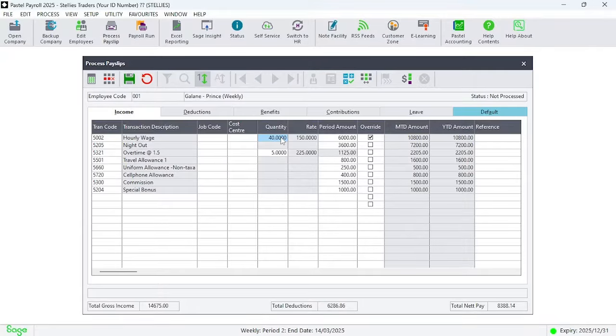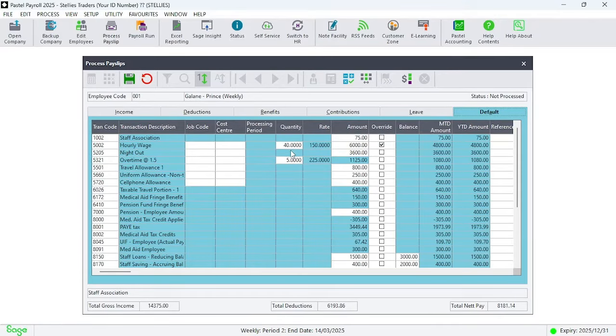Let me explain to you, it could be a better way of doing things as opposed to the overriding. What I'm trying to say to you is that because the tariff per hour has increased, it's best to keep your quantity as 40, but do a multiplication. 40 times 150, you get 6,000 by overriding it. That will then change the rate to 150.